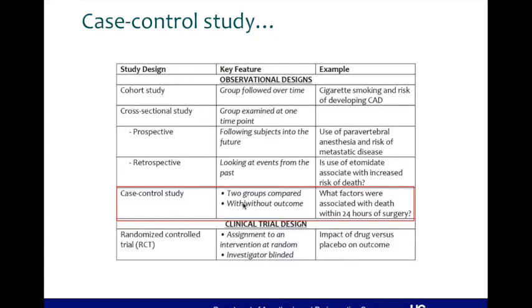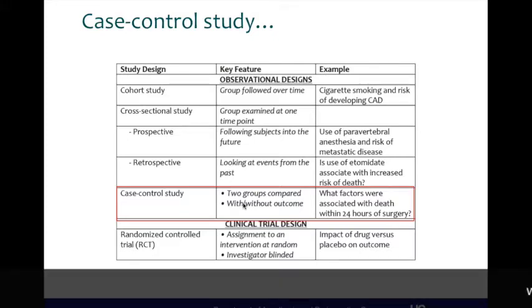Examples of some cross-sectional studies, one which we mentioned already, is: does use of paravertebral anesthesia compared to general anesthesia for mastectomy surgery influence the risk of developing metastatic disease? A small study that I think we presented a couple of weeks ago was: does advanced age impact the hyperventilation response to hypoxemia?